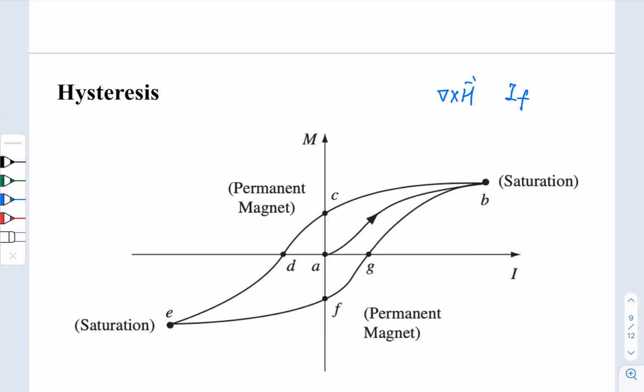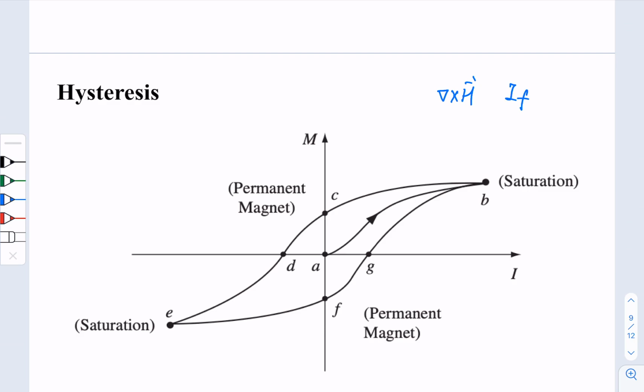This energy must be converted somewhere, and the place where your energy goes is the heat. So every time you magnetize objects, you are actually producing a fair amount of heat.